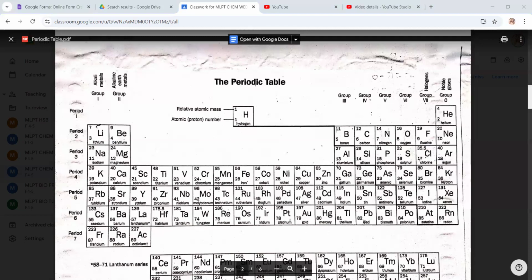Now, magnesium chloride is a metal and non-metal compound. Magnesium is your metal and chlorine is your non-metal. So I want you to make reference to this note here.